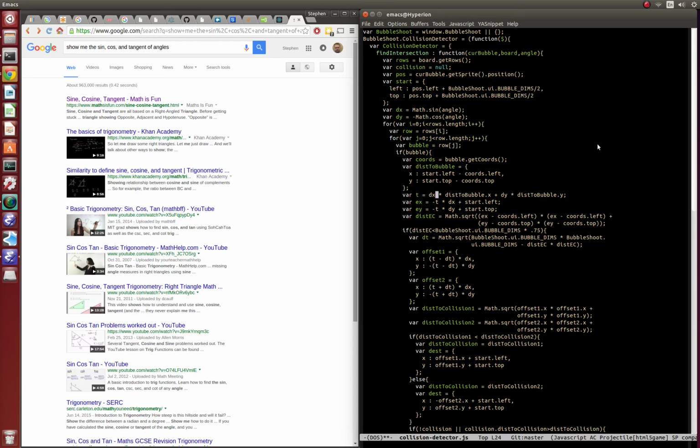Next we'll calculate t at the closest point on this line to the center of the bubble that we're checking against. Okay, I think I get that. This is the thing between us and the center of the bubble. I get that part. So this is of the line that we're drawing through the whole thing.